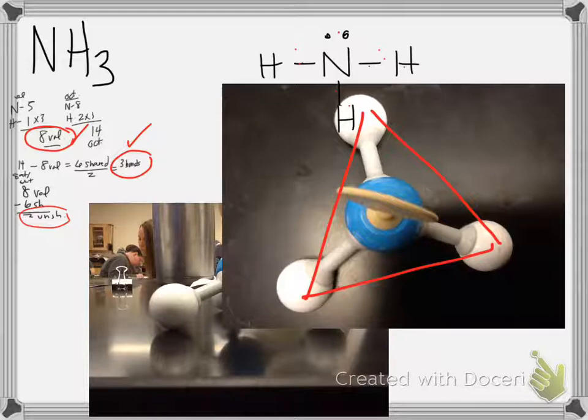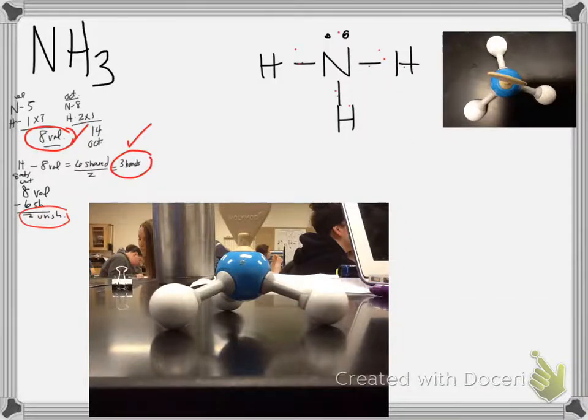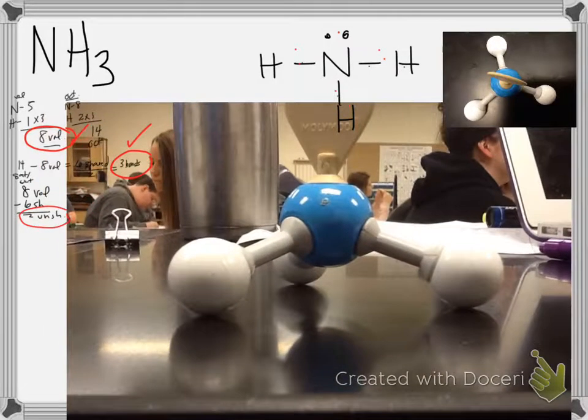Or does this form a pyramid? So let's get rid of this and let's look at a side view of it. This is up here. These are down here. It forms 3 little triangular sides. It forms a very shallow pyramid. It is trigonal planar.